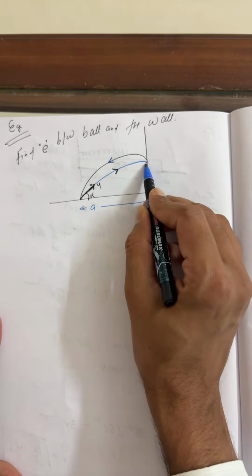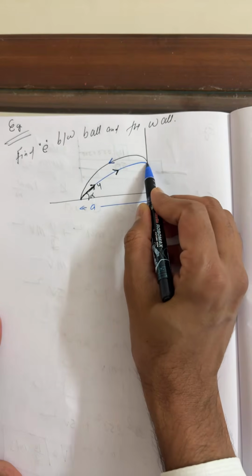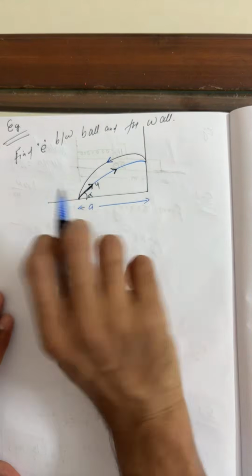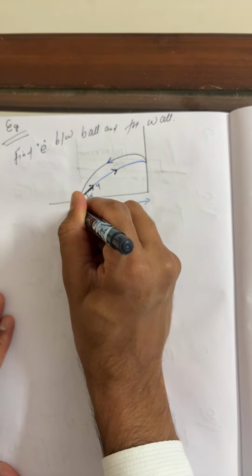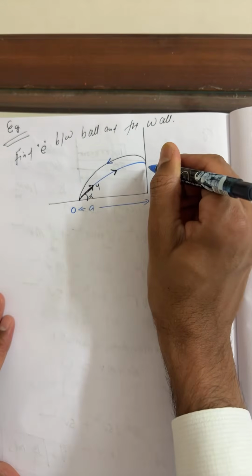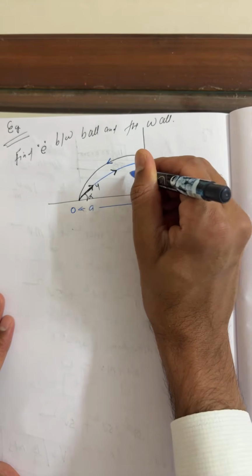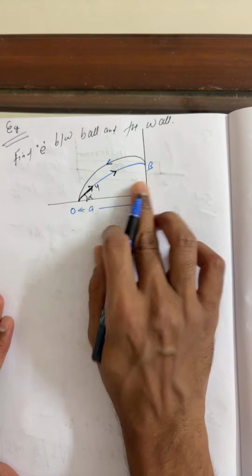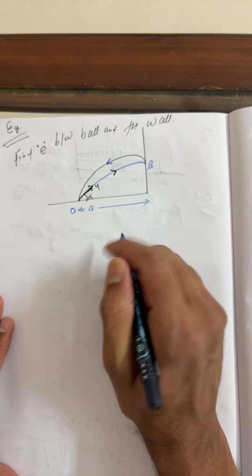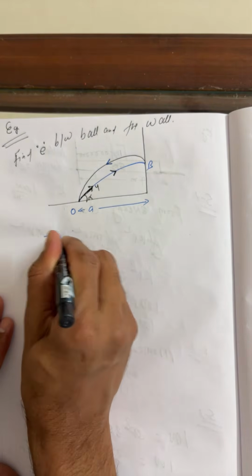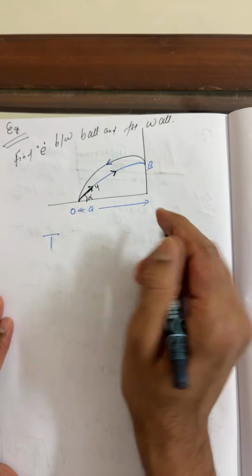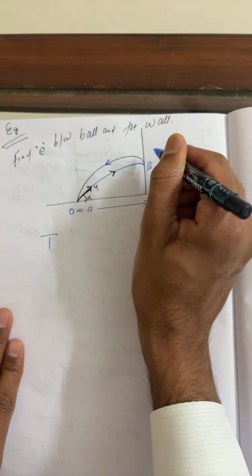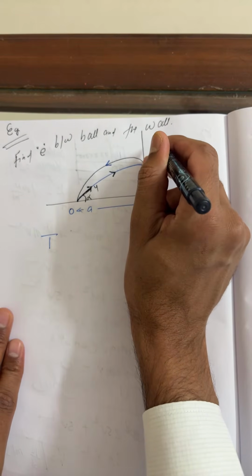So from here to here we can take half of the time of flight, and from here to here again half of the time of flight, right? You can take this as O, and this as B.